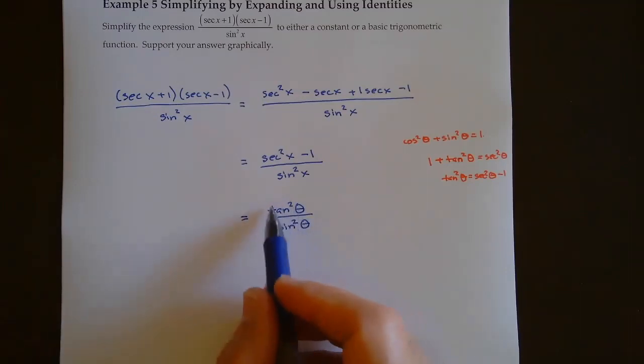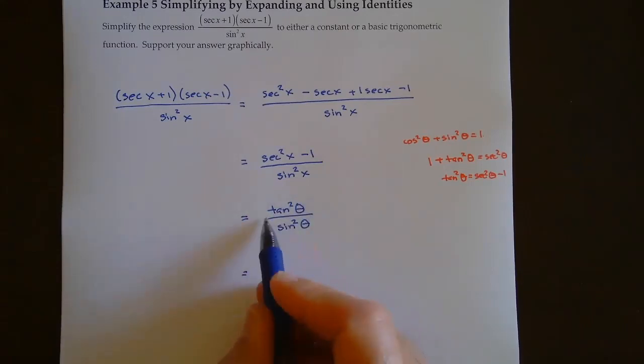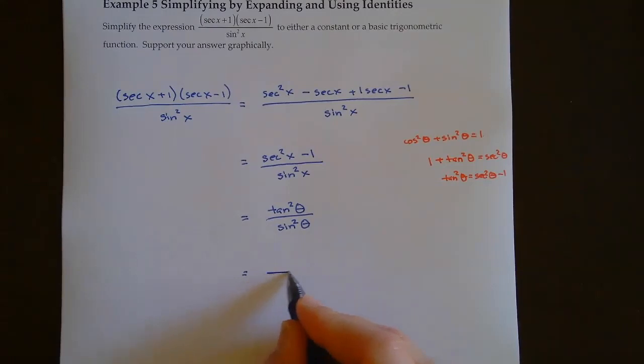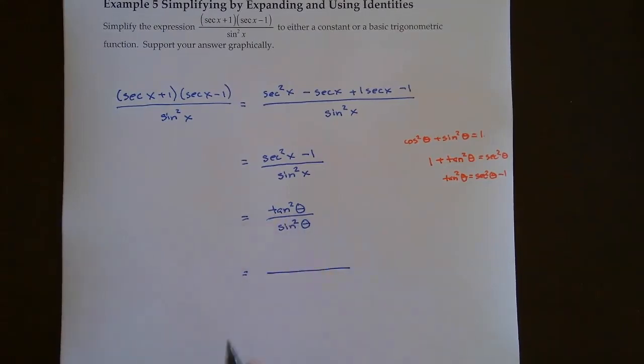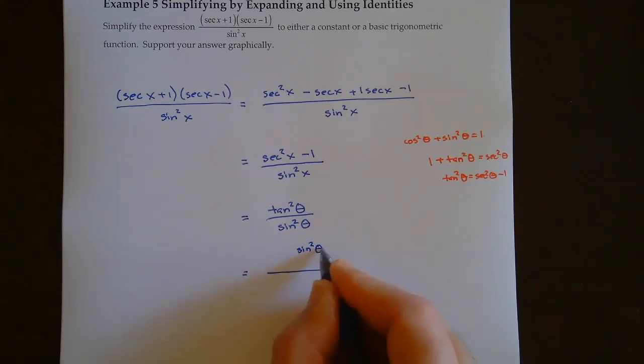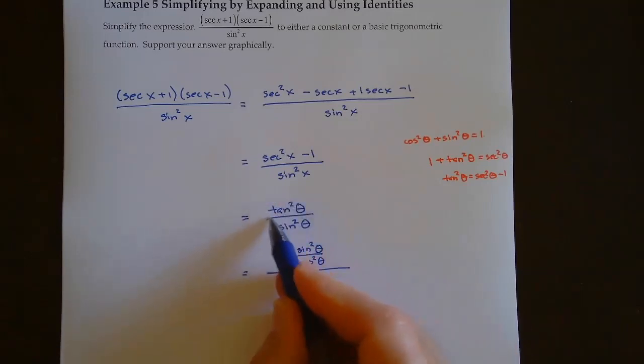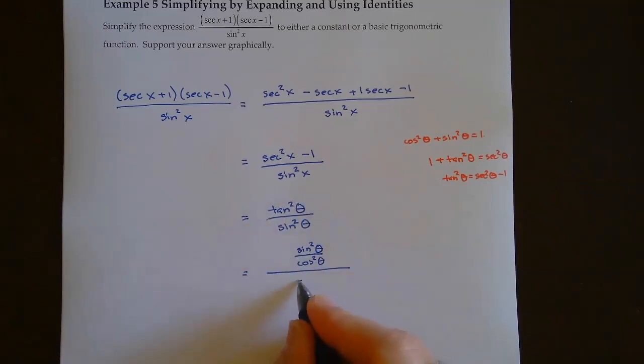So tan squared theta, I'm going to use a quotient identity, okay? This is my main fraction bar. So tan squared theta can be replaced with sine squared theta over cosine squared theta, over sine squared theta.